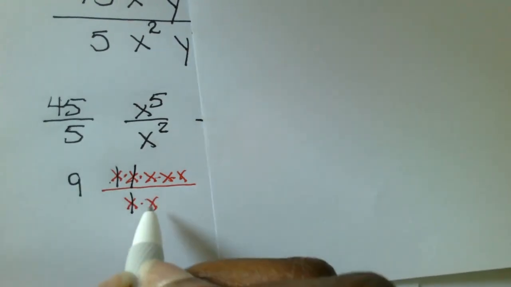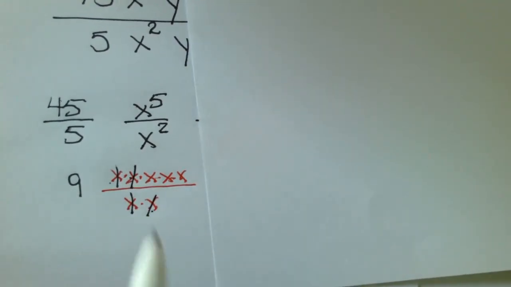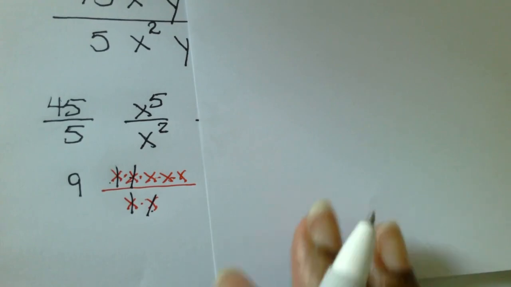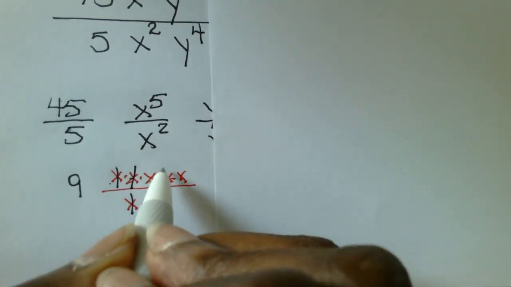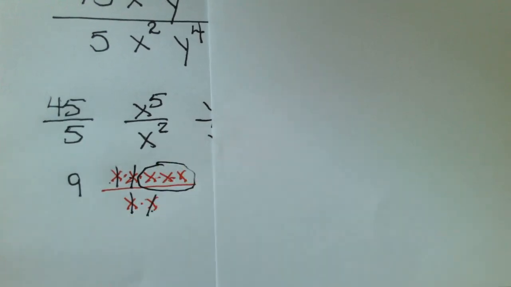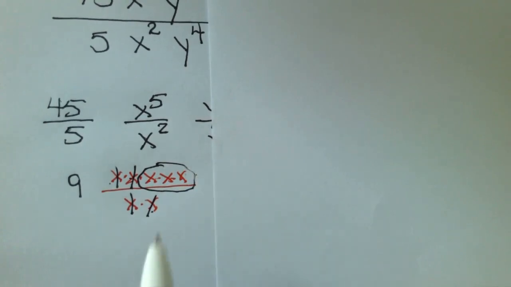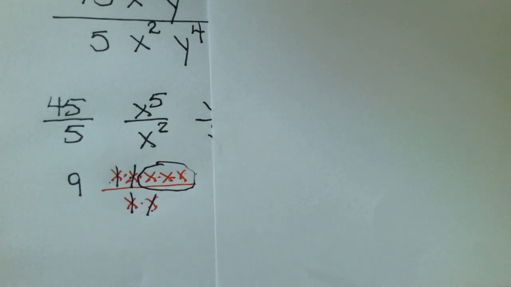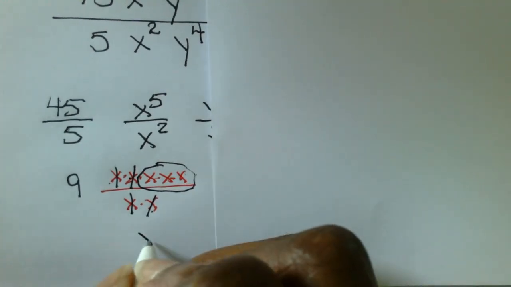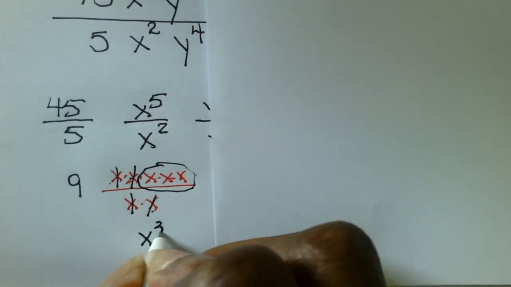And also here, x divided by x will also give me 1. But what's left over? We have 3 x's remaining. And where are they located? In the numerator. So this is x times x times x, which is equivalent to saying x cubed.